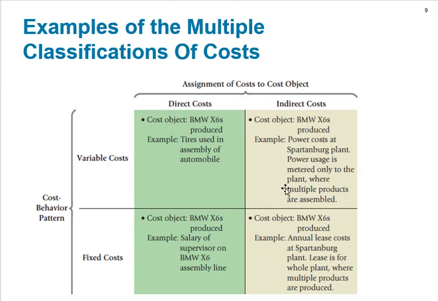I might think that this is more of a mixed cost, but that's okay. A direct fixed cost would be the salary of a supervisor, and an indirect fixed cost would be the annual lease cost. Indirect fixed, because you've got multiple products being produced there, so you can't trace it to one unit or one object unless the object is the plant.